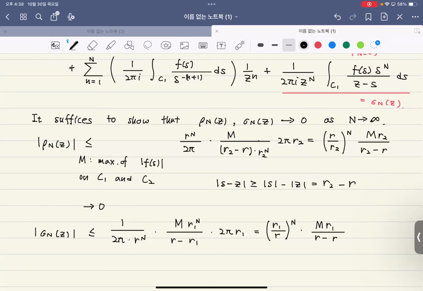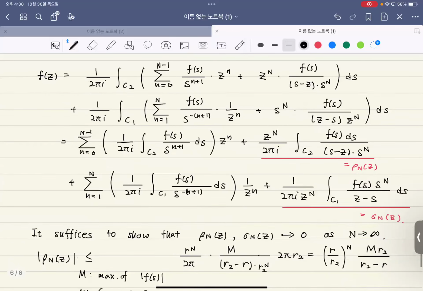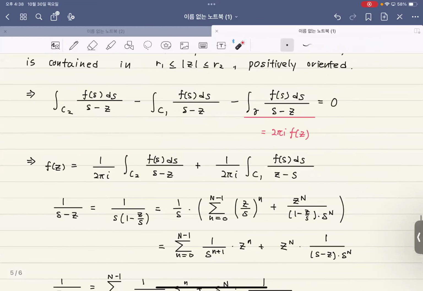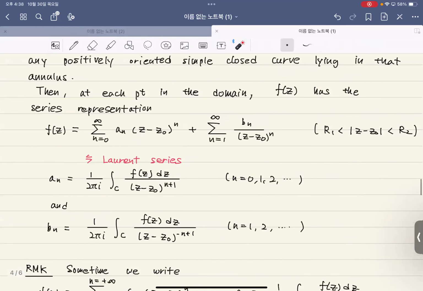Again, comparing R1 and R, this time R is greater than R1, so this guy also tends to 0 as n goes to infinity. Okay, great. So we actually have almost the same formula that I promised in the statement of the Laurent series.